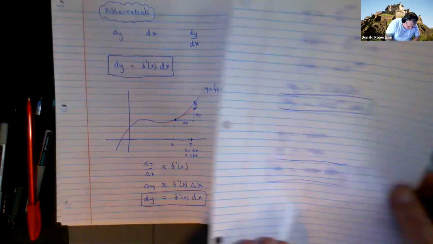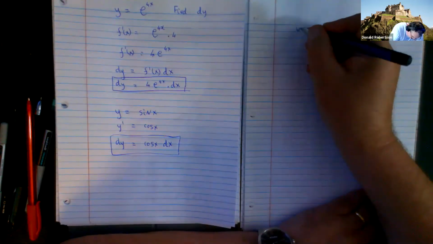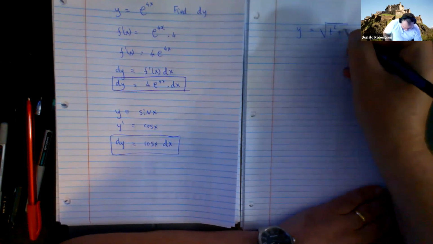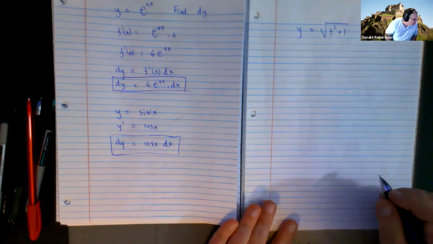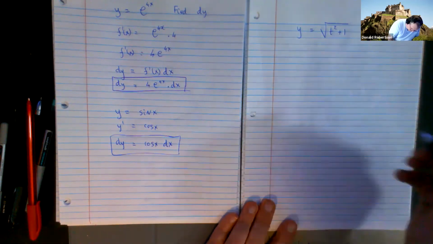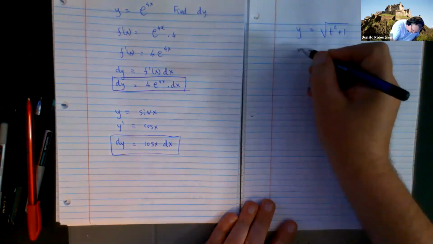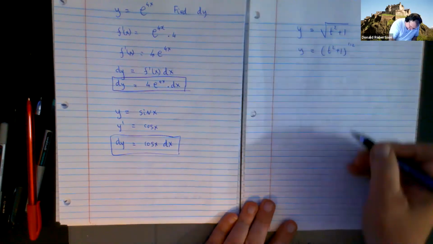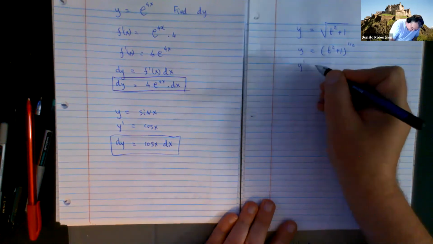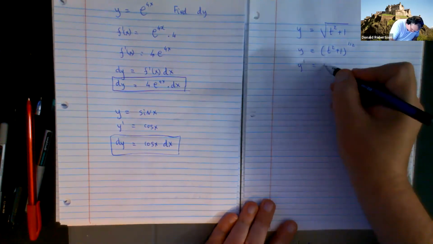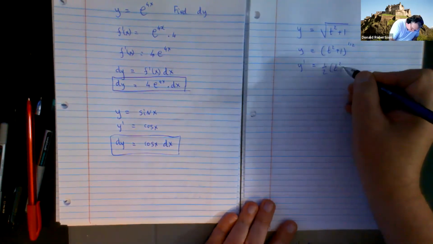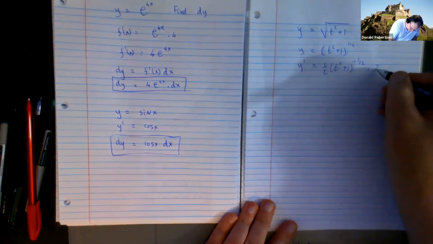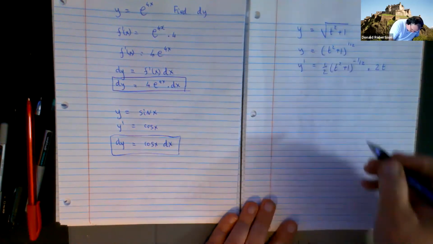Try something a little bit more messy. Suppose I did the square root of t squared plus 1, and I'd like to know its differential. So I would need to call it t squared plus 1 to the power of half. If you differentiate this guy, you get a chain rule. So it's 1/2 t squared plus 1 to the negative a half times the derivative of t squared plus 1, which is 2t.